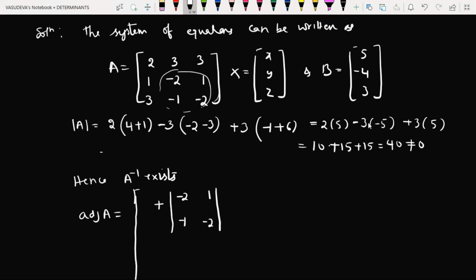Minus determinant of, leaving the elements of the first row and the second column, we have 1, 1, 3, minus 2, then plus determinant of, because for the cofactor of 3, leaving the elements of the first row and the third column, the remaining elements are 1, minus 2, 3, minus 1.